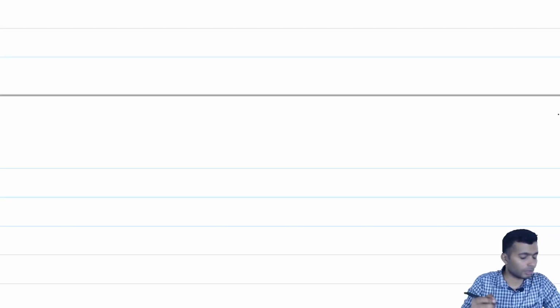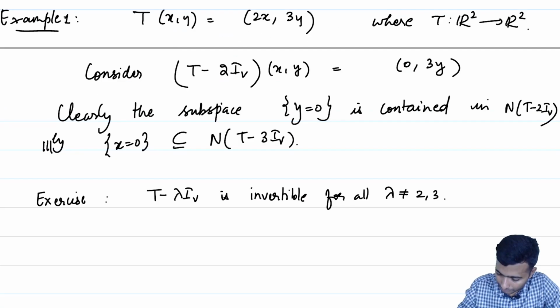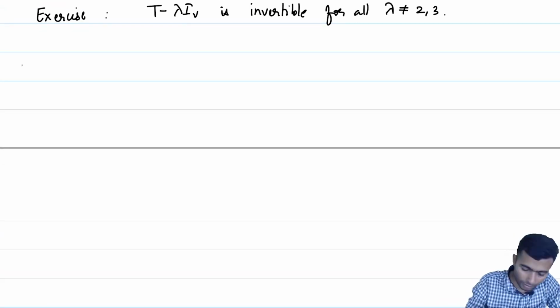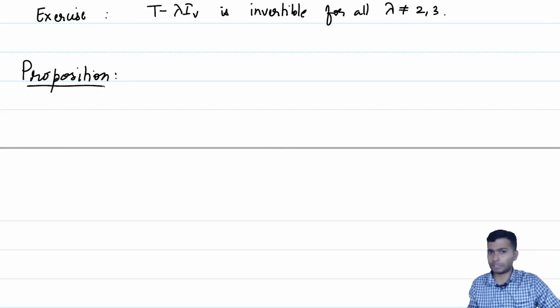So, let us put it into a theorem or maybe a proposition. This proposition states that a linear operator on a vector space V has a diagonal matrix if we have a basis which consists of eigenvectors.